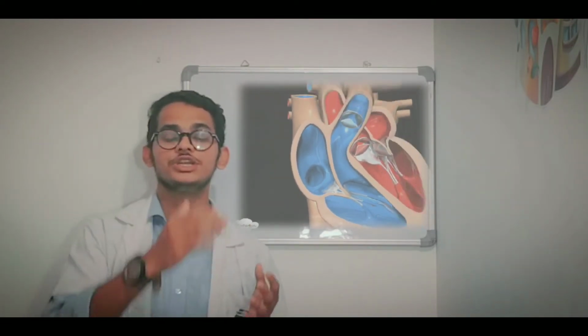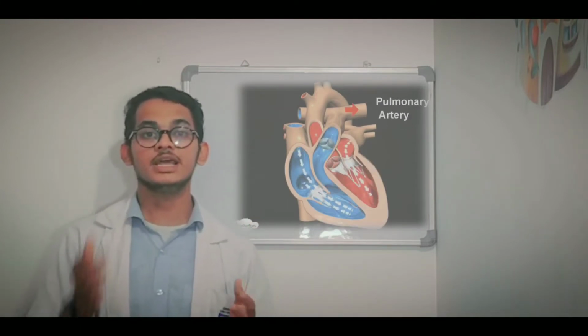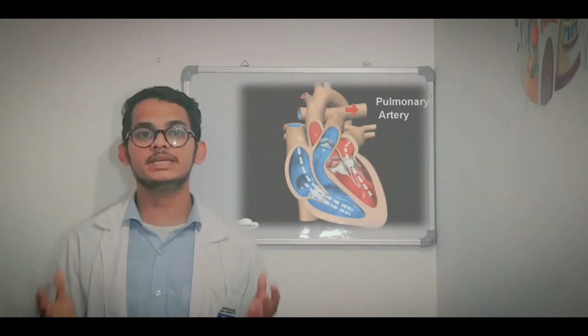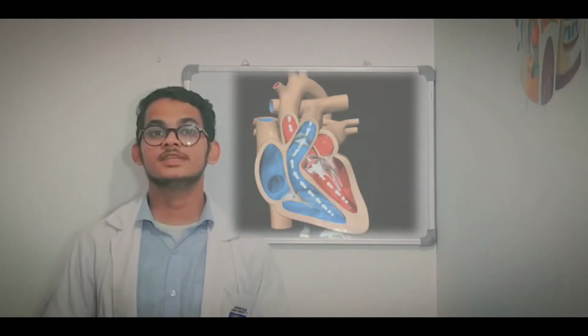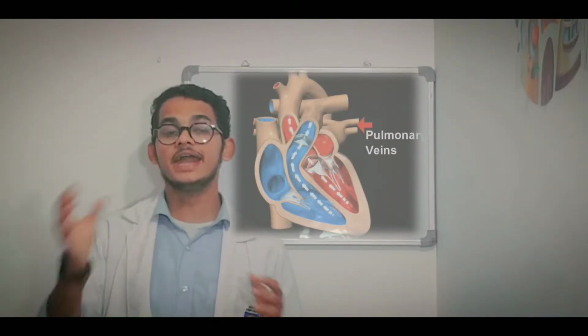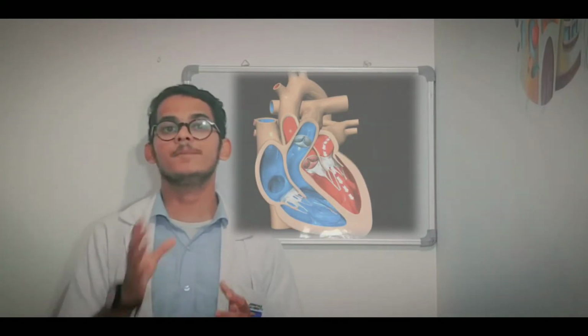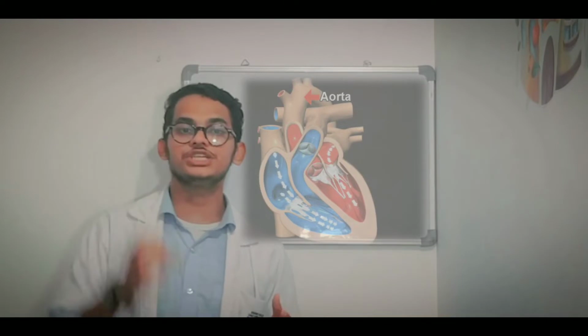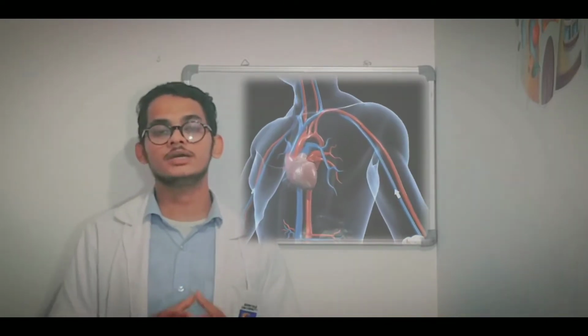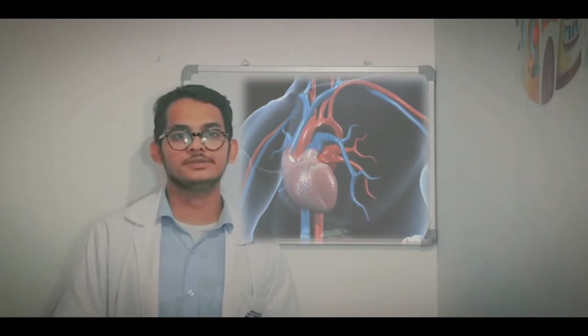Then the deoxygenated blood from the right ventricle is carried to the lungs by the pulmonary artery, where it gets oxygenated. Now the oxygenated blood enters the left atrium by the pulmonary vein. Then the left ventricle pumps the oxygenated blood through the aorta into all parts of the body.